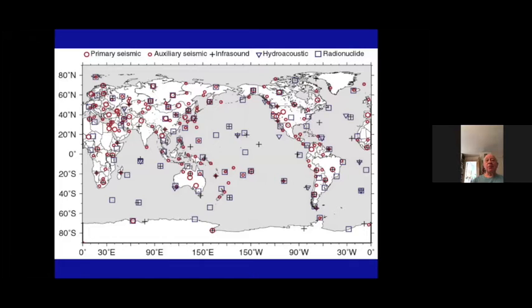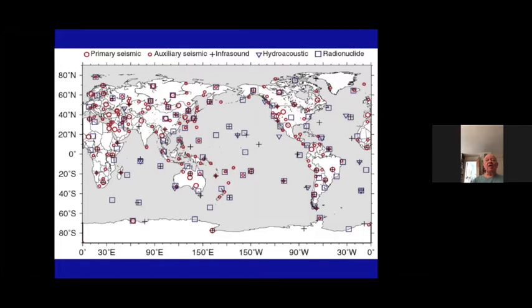So one thing that was set up when the Comprehensive Test Ban Treaty was being negotiated in the early 1990s and went into effect later was seismic stations around the world and other types of stations. But of course, with the complete ban or comprehensive ban, we want to make sure that someone is not testing something small in the atmosphere or underwater or in space, as well as underground.